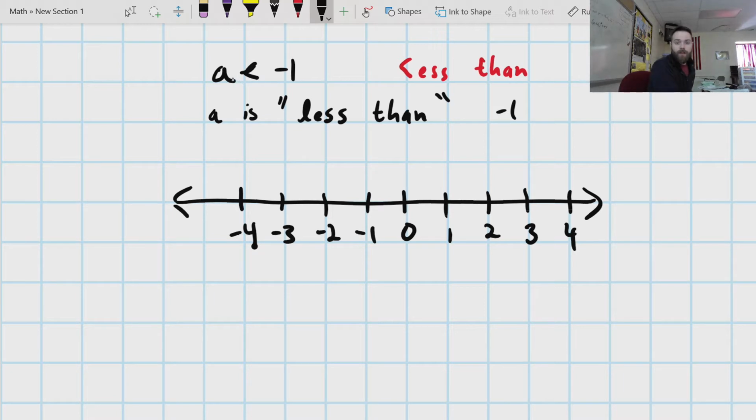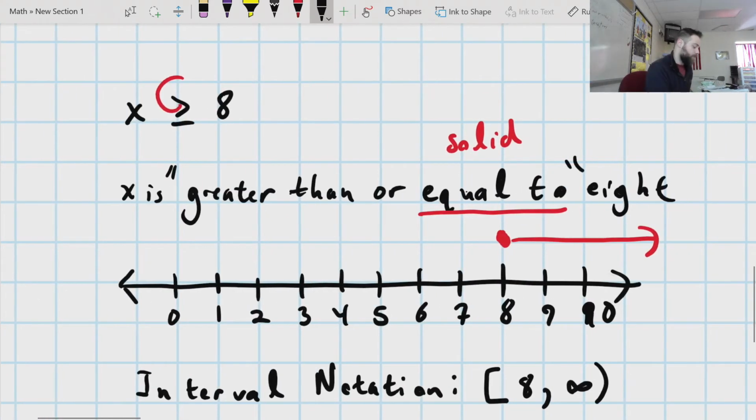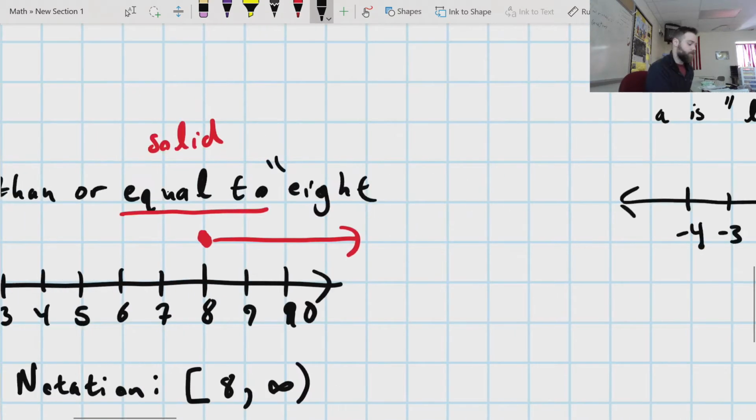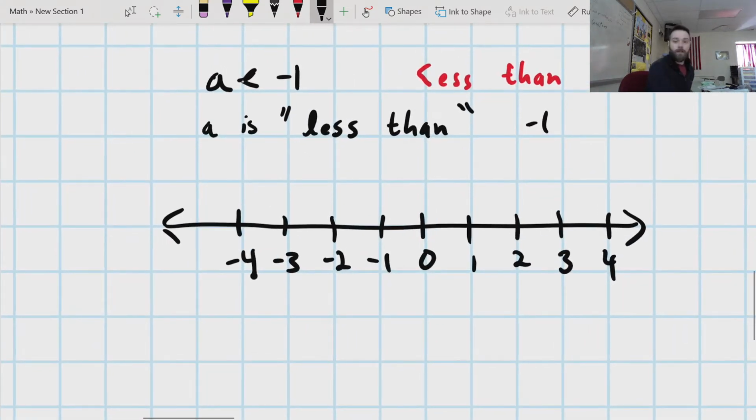So notice that I have a is less than -1. So -1 is the number I'm going to start with, and it cannot be included. So unlike the last example, because of the equal sign, we put a solid dot. For this one, because there is no solid line at the bottom, it cannot be equal to. So instead of a solid dot, we're going to use an open dot.